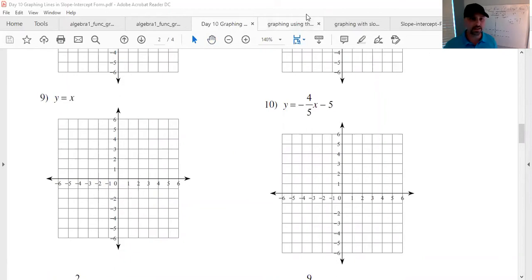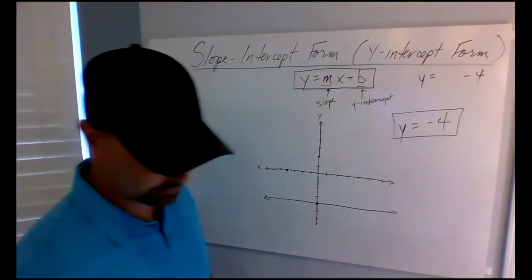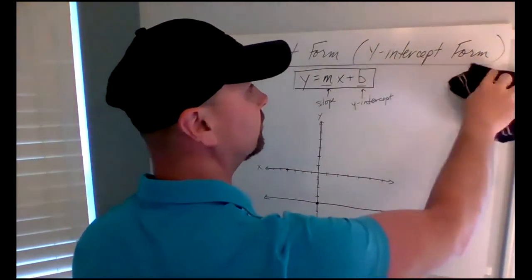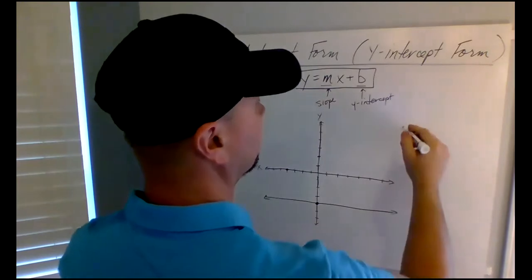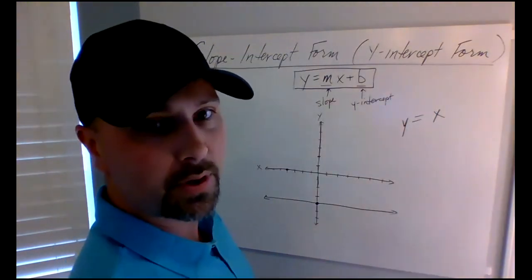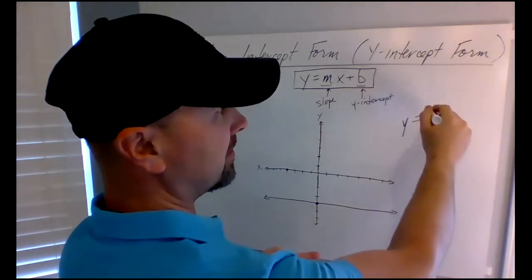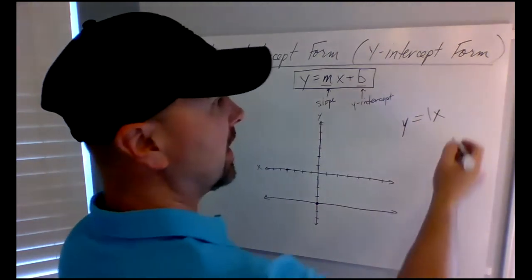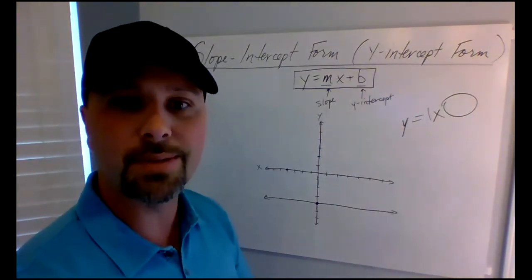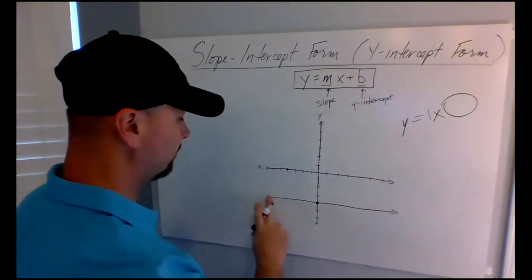Y equals x. Remember, there's a number in front of the x. It's a 1. If there's nothing, no y-intercept, that means it crosses at 0.